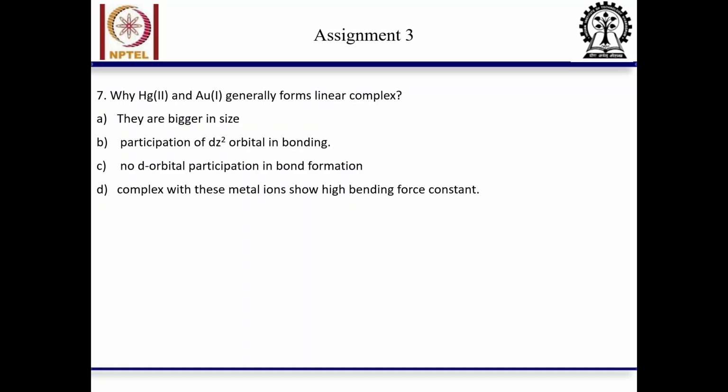They are bigger in size, so no d orbital participation. Okay, anyone else?